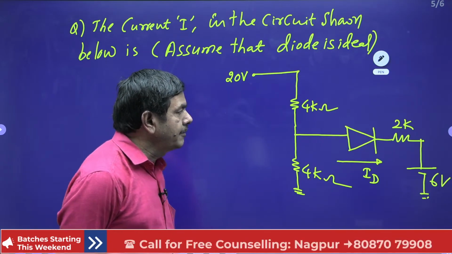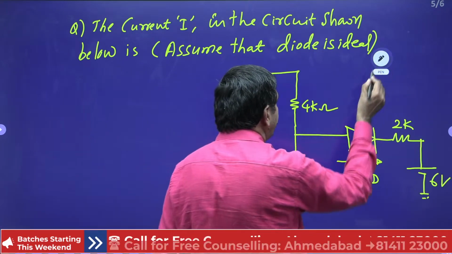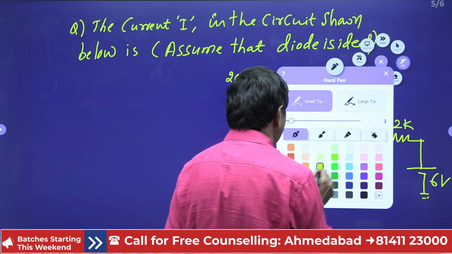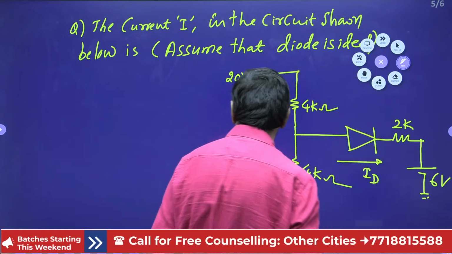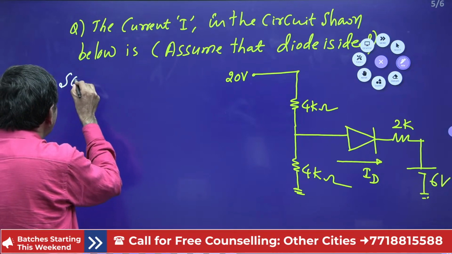But I want the current passing through the diode. This I can get in this way. You please watch, I will do it. You will get an idea. You can also try if possible. Just like the last problem, we can complete this question.